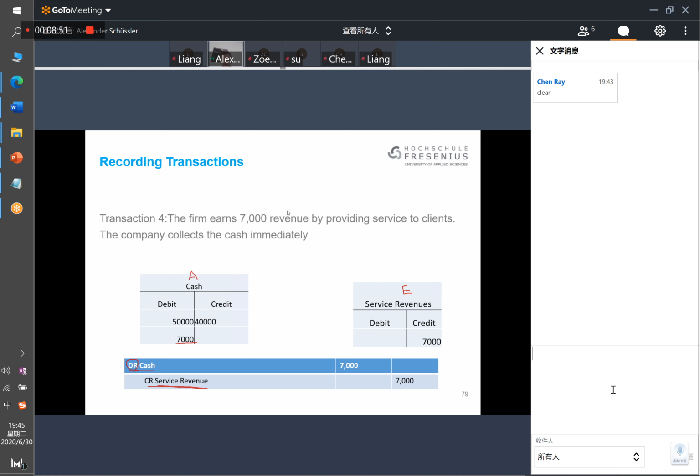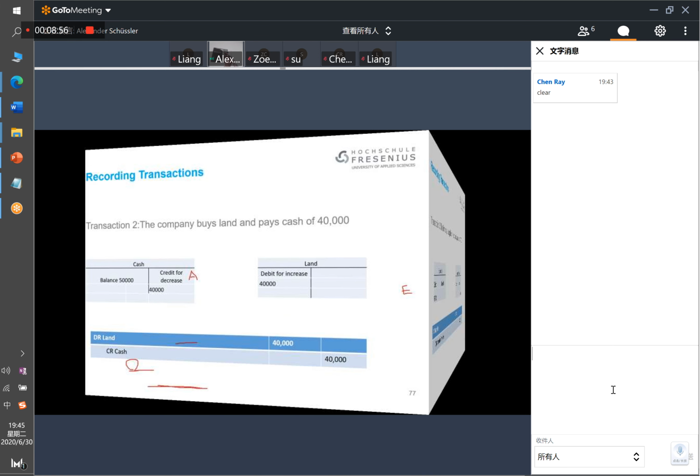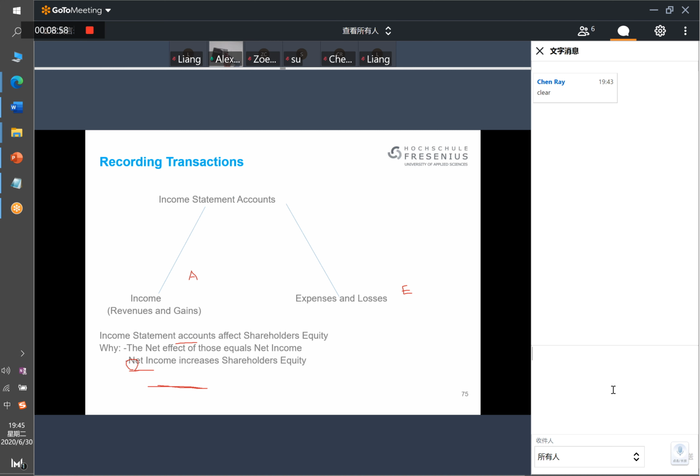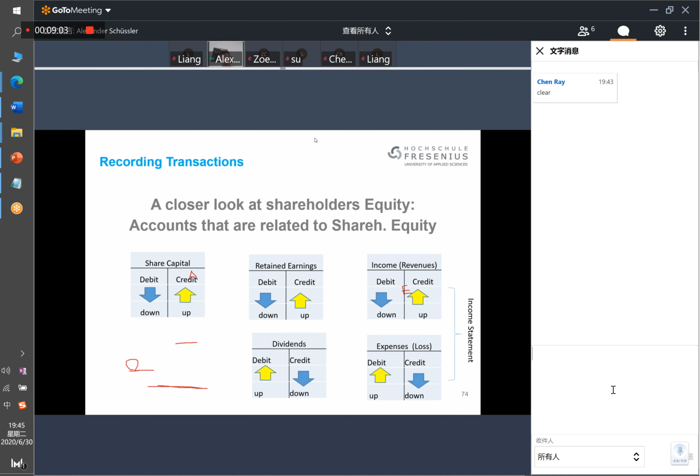So let's go back and look at it. Income and revenue here is a normal equity account. That's why it's on the top side; on the top is normal. These are all normal, and at the bottom they are the other way around.